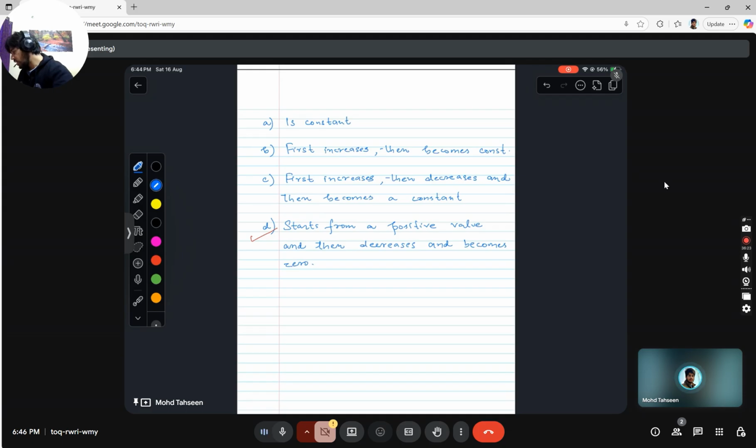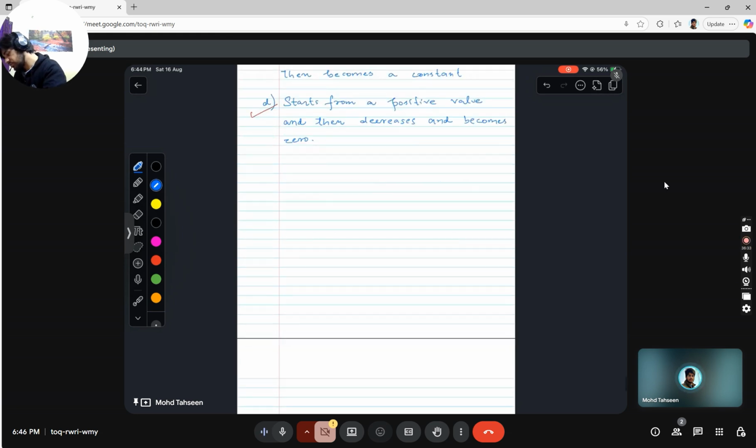Okay. So one final problem from this section. Let's have one based on the Drude model itself.